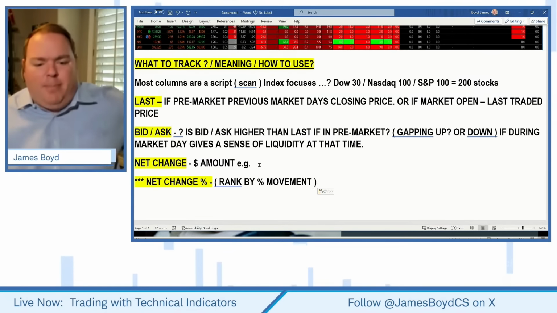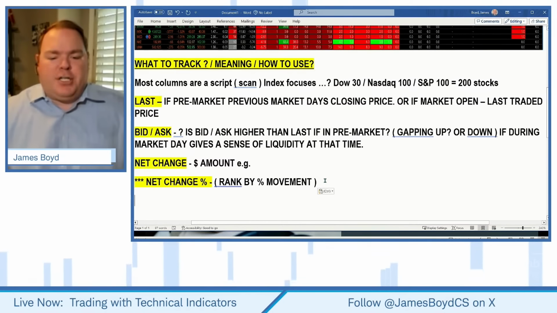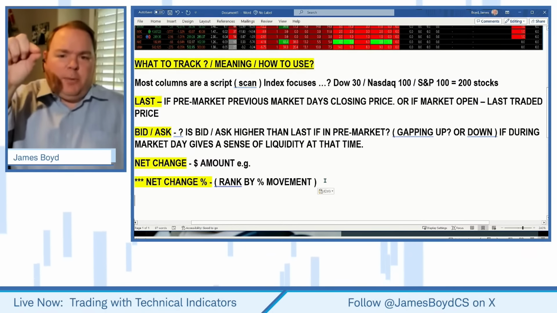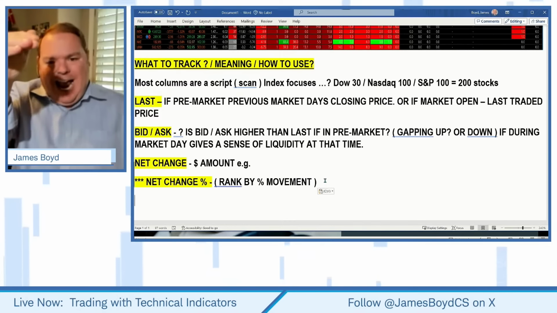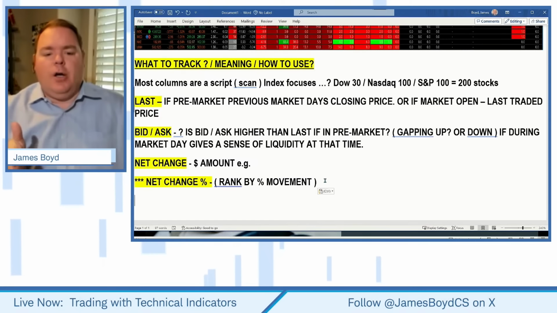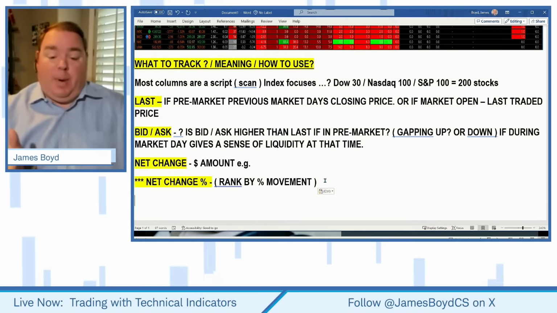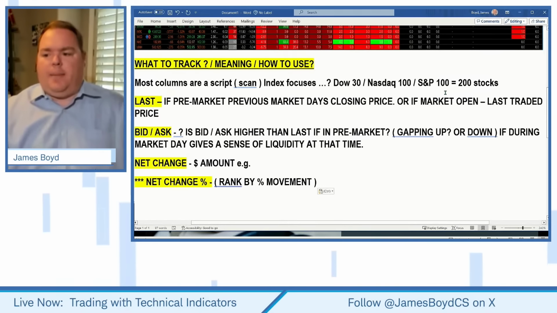We try to compare apples to apples per se, and we're trying to rank by percent movement. So when we put the percent change up at the top, we can click on it and rank by percent. And this just tells us the scoreboard, what is happening at that time, which, by the way, tells us something about momentum at that point in time, okay?